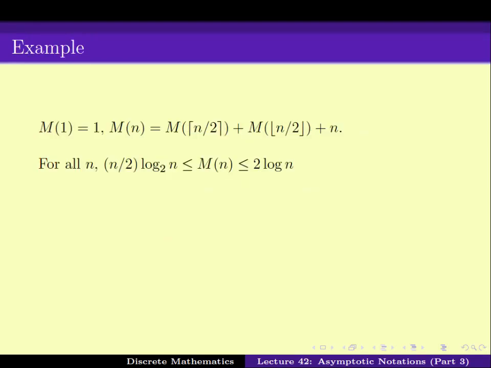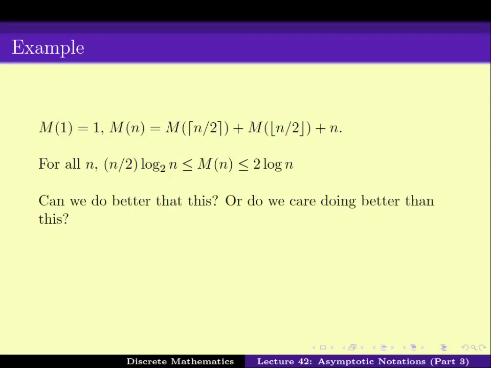So we looked at this particular example of m(n) equals m(ceiling of n by 2) plus m(floor of n by 2) plus n. And instead of guessing, what we could do is we can upper bound and lower bound the m(n) by some value. And the question was that, can we do better than that?